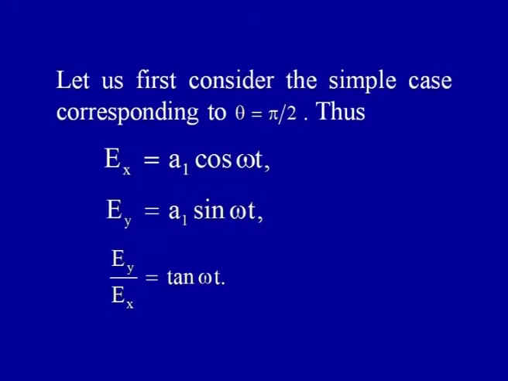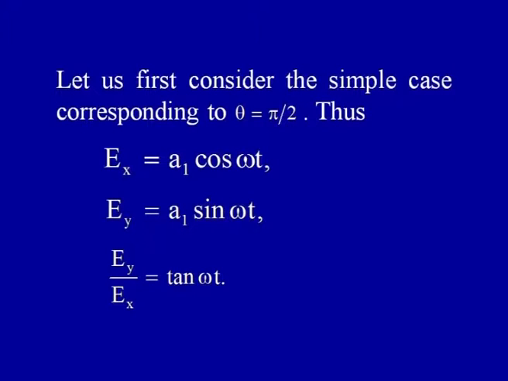Let us consider now a simple case corresponding to theta equal to pi by 2. That is very interesting. The difference is of a quarter vibration. Ex equals A1 cos omega t, Ey equals A1 sin omega t.